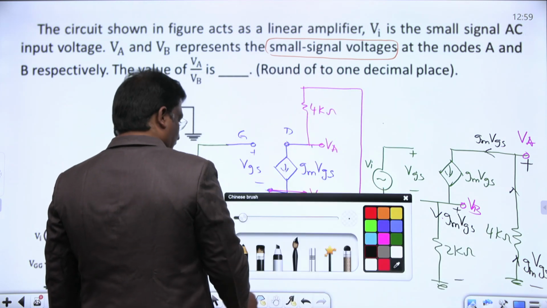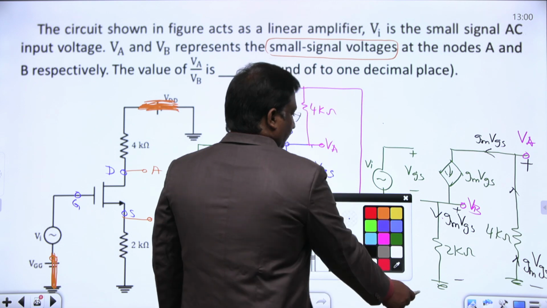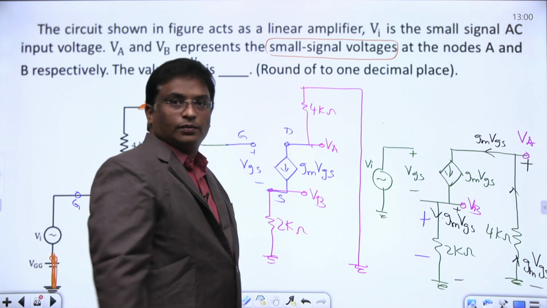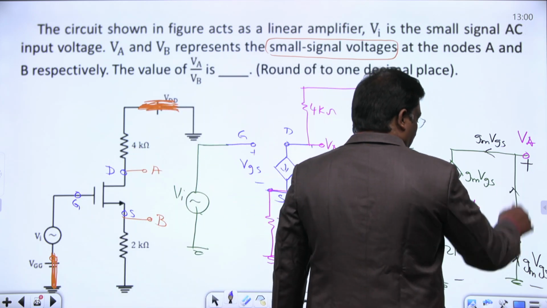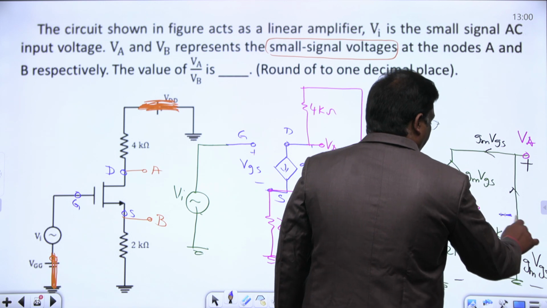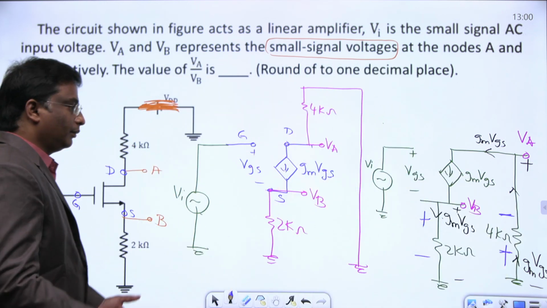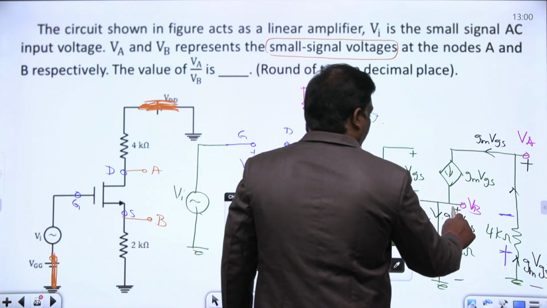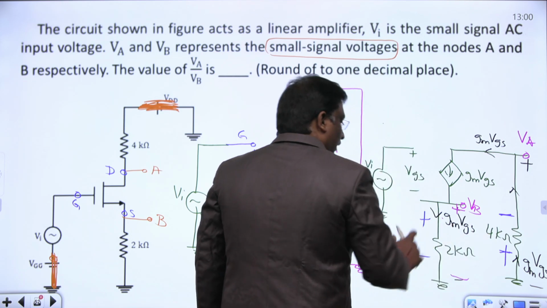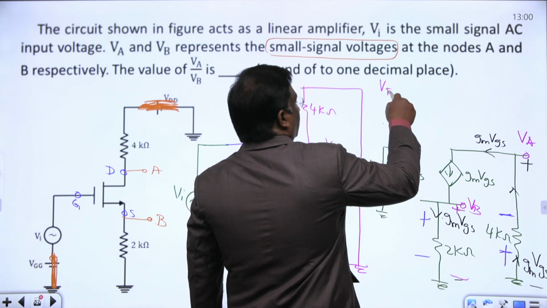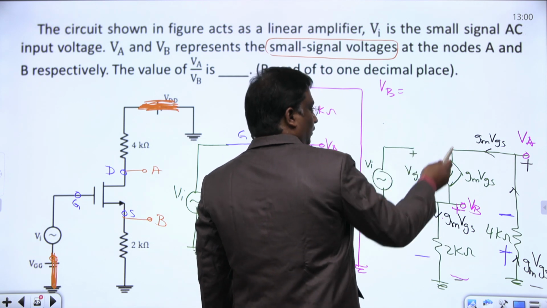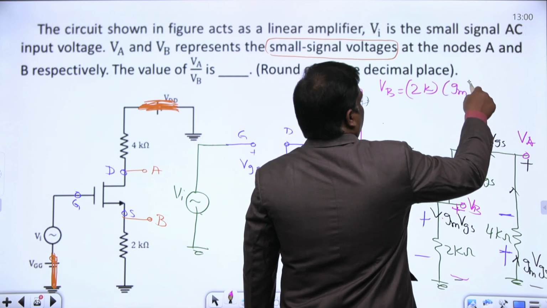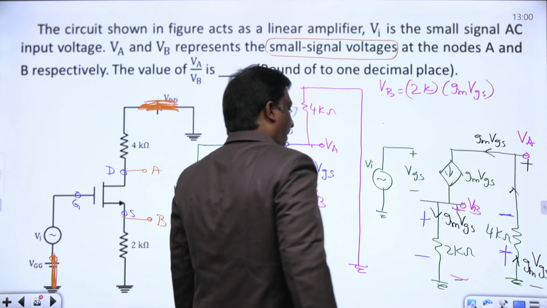Everyone notice, by Ohm's law, when this current flows upwards, this polarity is plus and this is minus. Then what is VB? VB equals current into resistance, 2K into gm VGS.